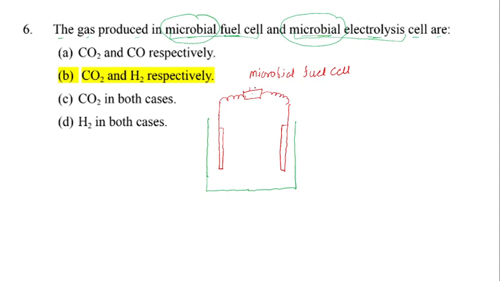Suppose you are providing one bulb as a load. This bulb is glowing, which means this cell is generating some energy. You know why we use a cell: to get some electric energy. So this cell is also generating electricity, but how?